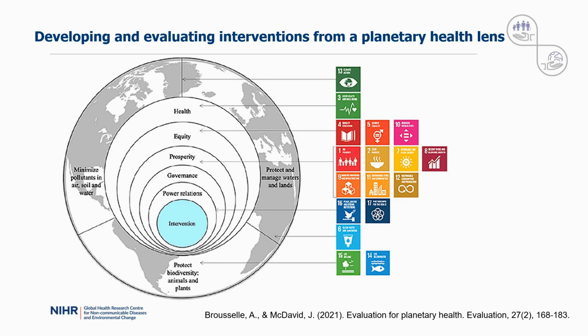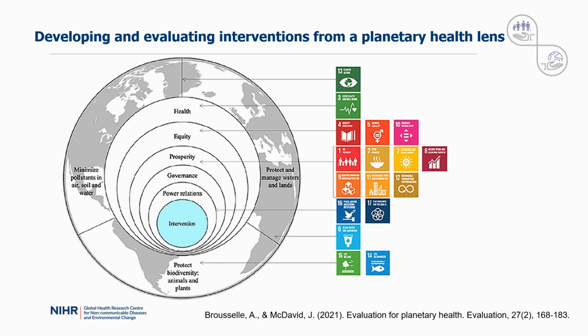So the planetary health framework in this slide has been developed by a recent study where the authors have put together all different criteria that need to be taken into account, which includes the intervention in the center, and surrounding this are power relations, governance, prosperity, equity, impact on health, and then the outermost layer incorporates different environmental factors such as minimizing pollutants in air, soil, and water, protecting biodiversity, animals and plants, protecting and managing waters and lands.